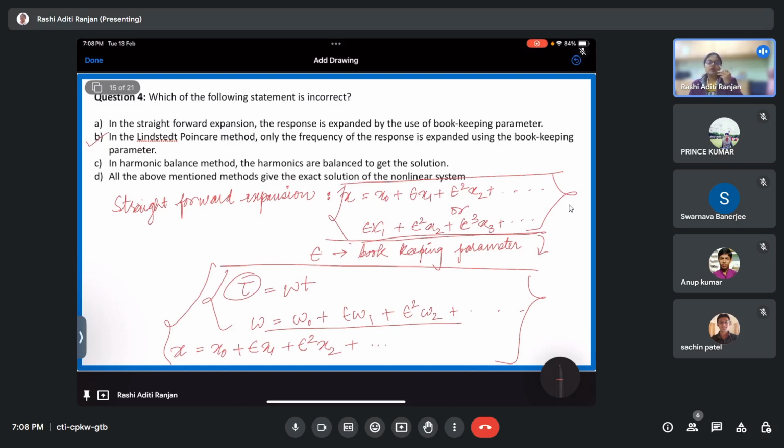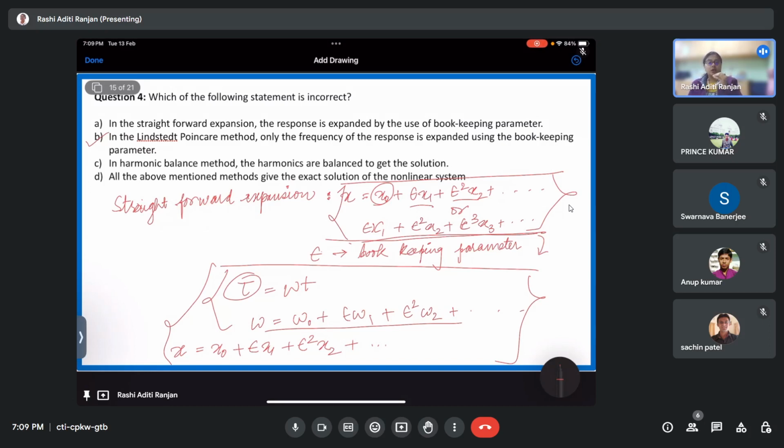So the dominance of x0 in the expression is much higher than that of x1, and the dominance of x1 is higher than that of x2, because as the power of epsilon increases, its effect on the system decreases. So we are reducing the nonlinear effect in the system by this kind of expansion.